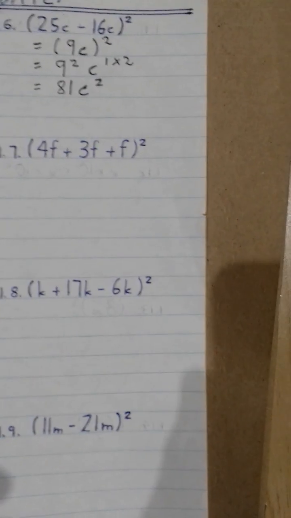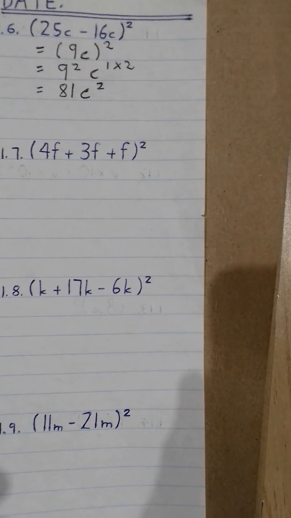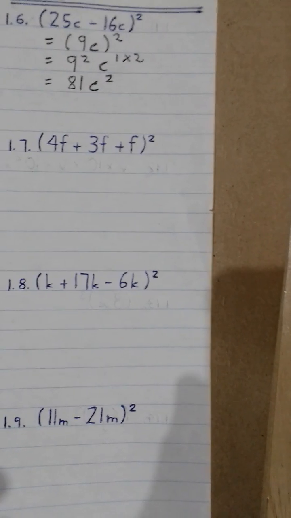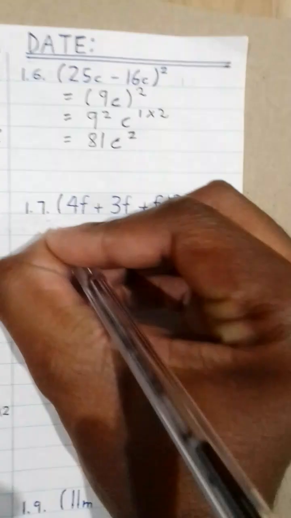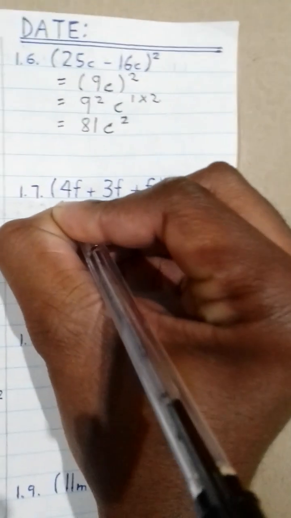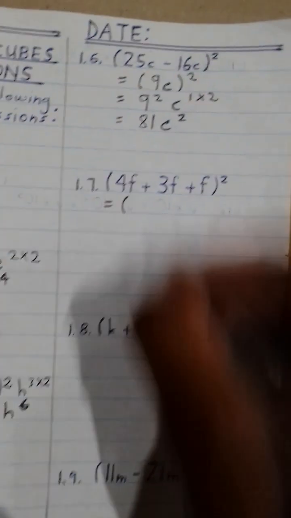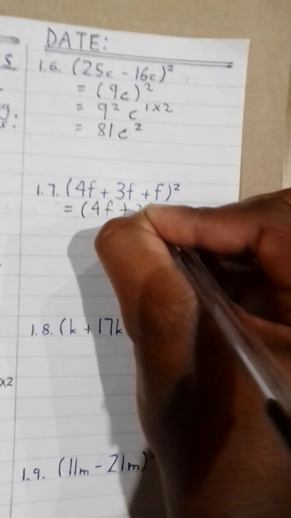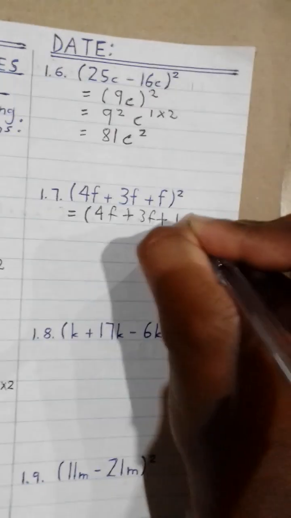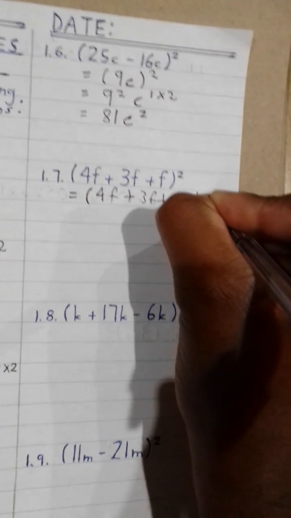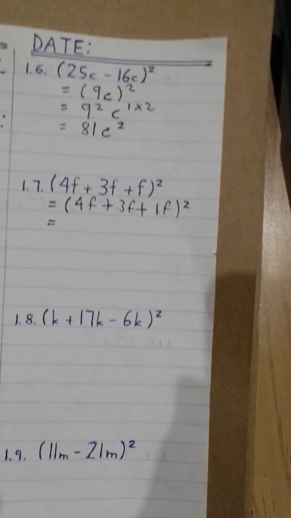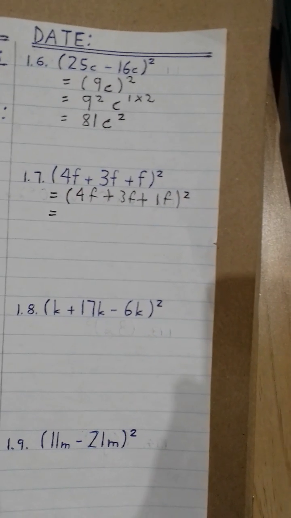1.7, open bracket, 4f plus 3f plus f, close bracket, squared. So this is, make sure everything has a coefficient. So 4f plus 3f plus 1f squared. Are they like terms? Yes, they all contain the same variable f, and its exponent is 1.